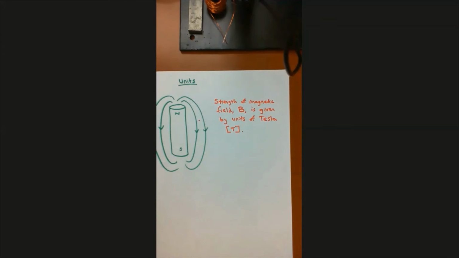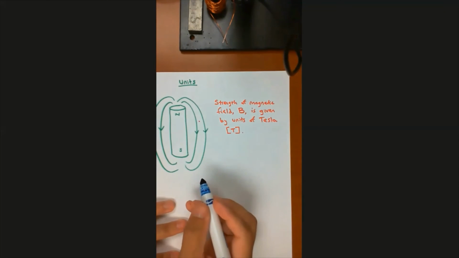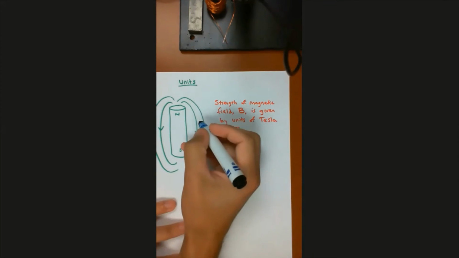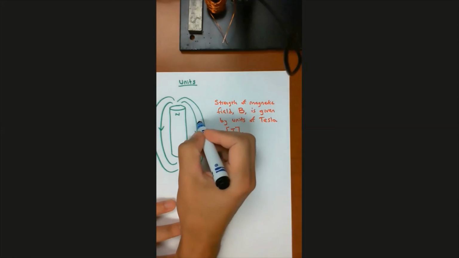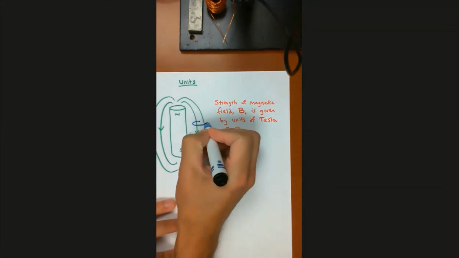However, there's one other thing that we need to talk about right now. Oftentimes, we're not just interested in the strength of the magnetic field at this point. Oftentimes, you're going to see this when we talk about generators, we're not interested just in this point, but we're interested in, say, this area right here.